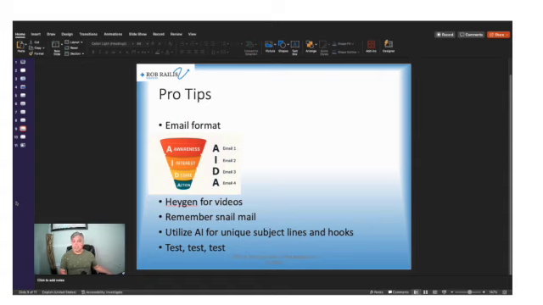And remember snail mail, as I mentioned in the early cadence slide in the channels, snail mail works. It absolutely works. About a couple years ago in my last company, we had a customer that was mad at us, and it was before my time.